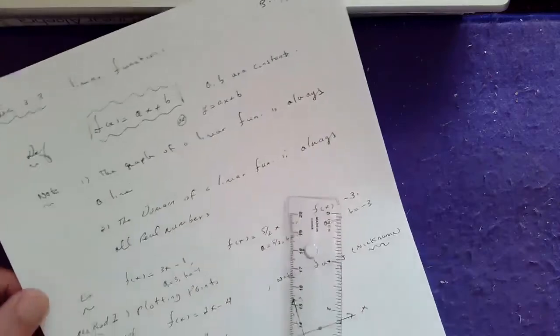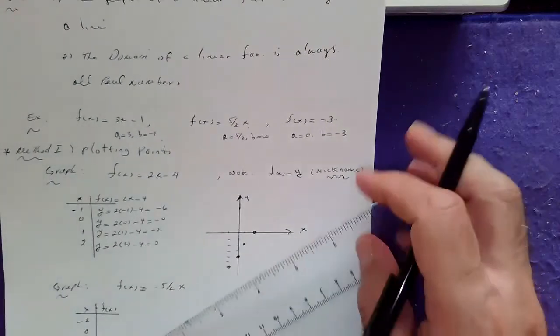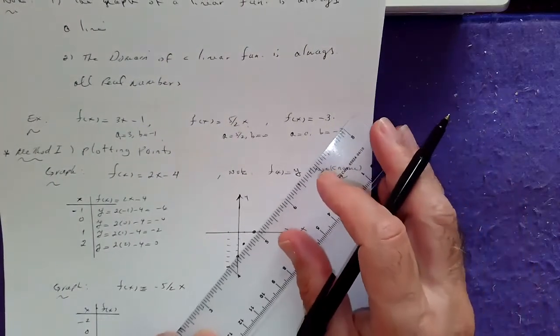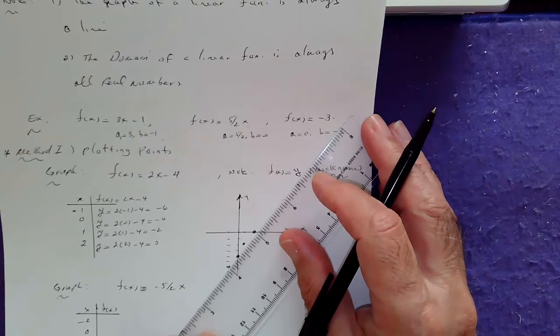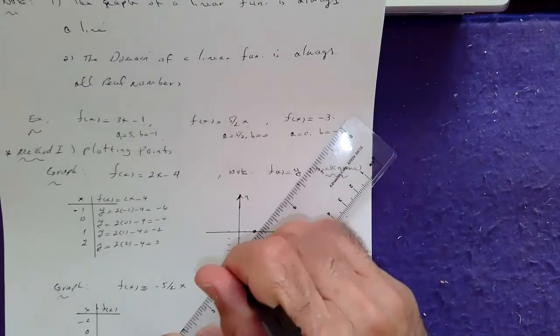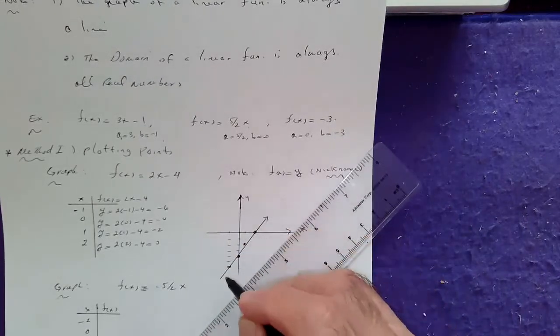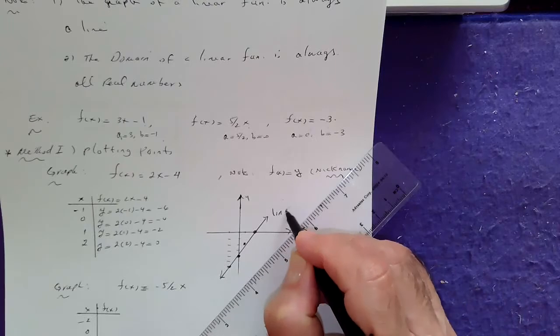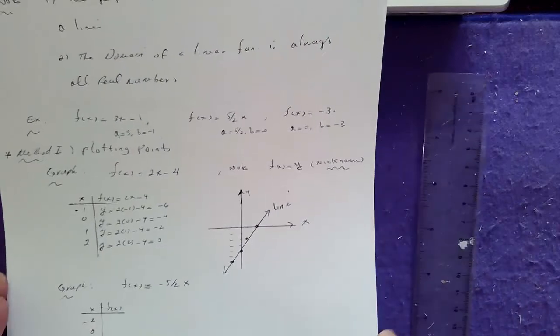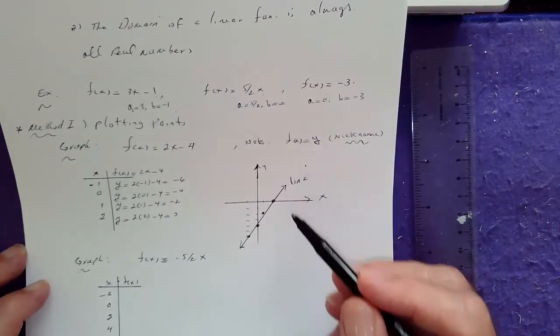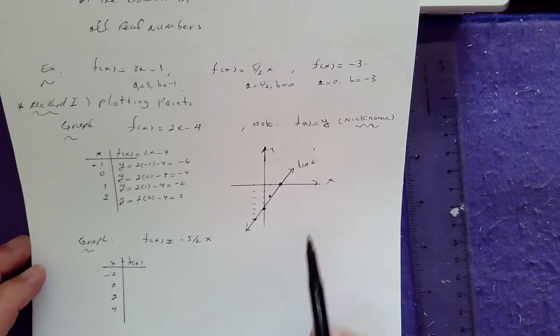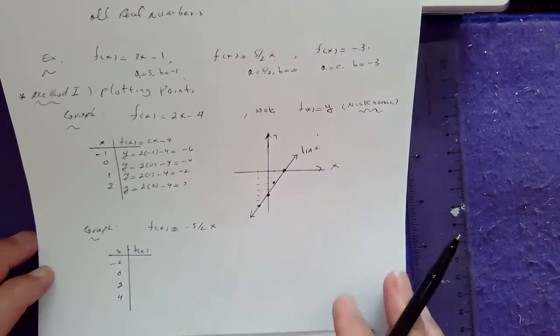If I put my straight edge and connect the dots in a straight line, lo and behold, as I suspected, the graph is going to be called a line. So a line is a straight curve, yes? So it's straight.